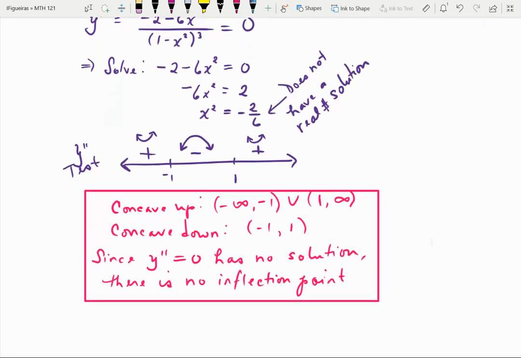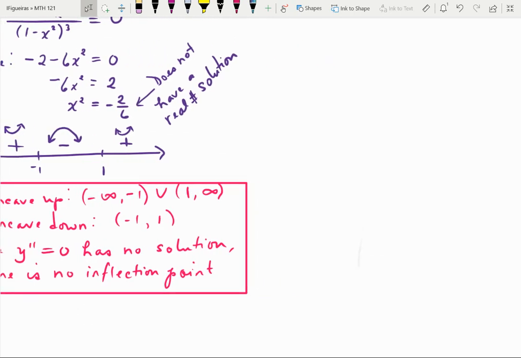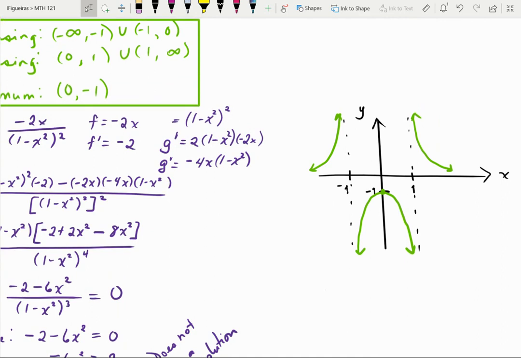So that information is here in the box. Concave up from -infinity to -1, and then from 1 to infinity, and it's concave down from -1 to 1. And so as I mentioned before, since the second derivative has no solution, there's actually no inflection point for this problem.